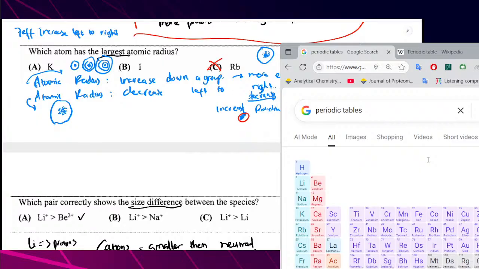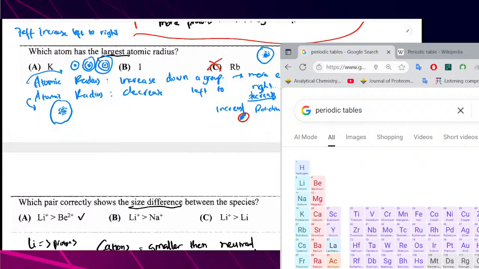Okay, the answer is rubidium, the C one. And then this is number 10. Yeah, it should be correct.